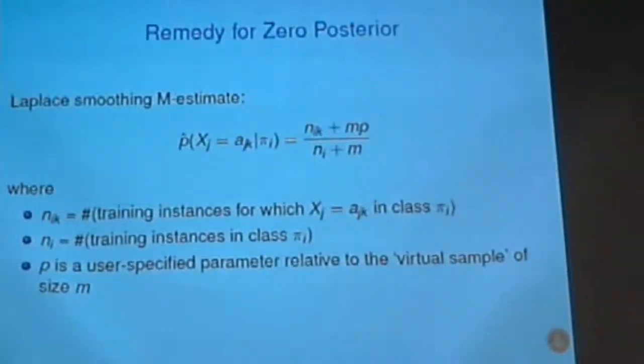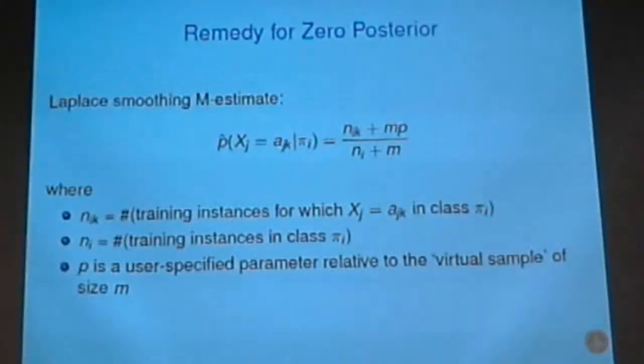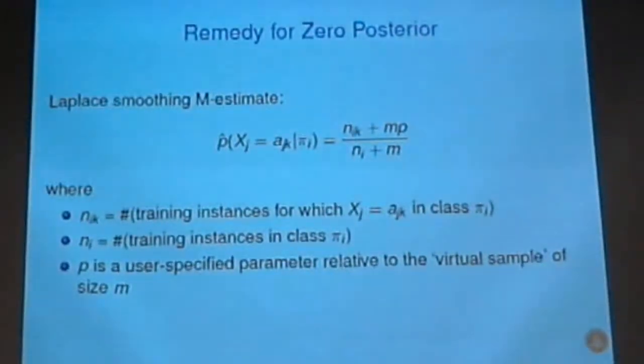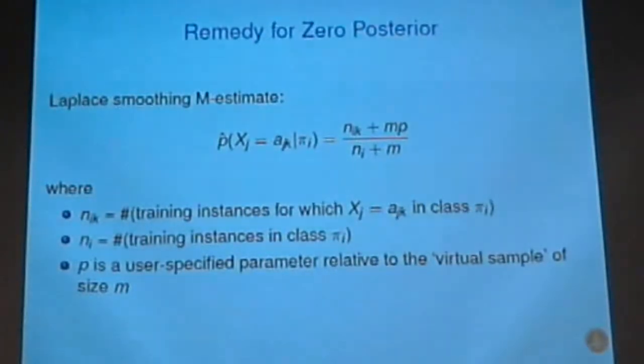These are relative to the virtual sample of size M. So assuming that, of course, you will observe nothing, but assume that you have some virtual sample, even though what you actually observe is zero, we assume some virtual sample of size M. If that is the case, then this is the formula to calculate that.